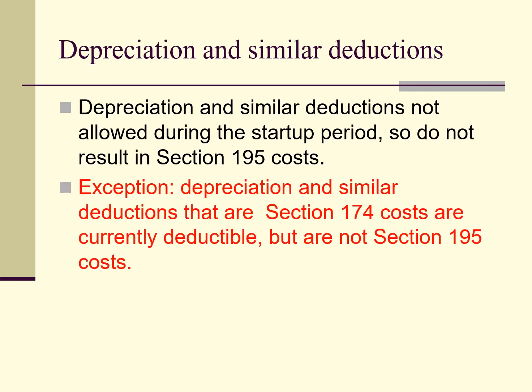As an exception, such deductions are currently allowed when they are incurred in connection with 174 research and experimentation activities, in which case the costs are Section 174 costs and Section 195 does not apply.